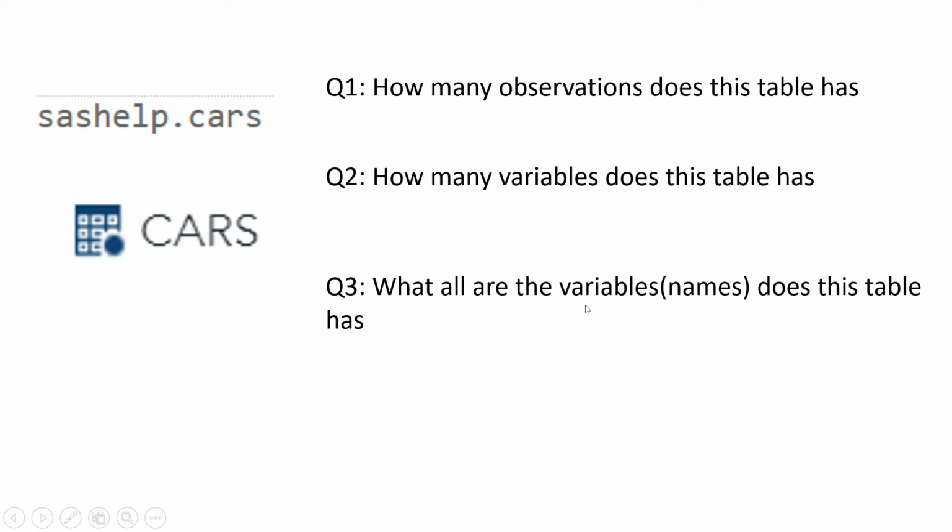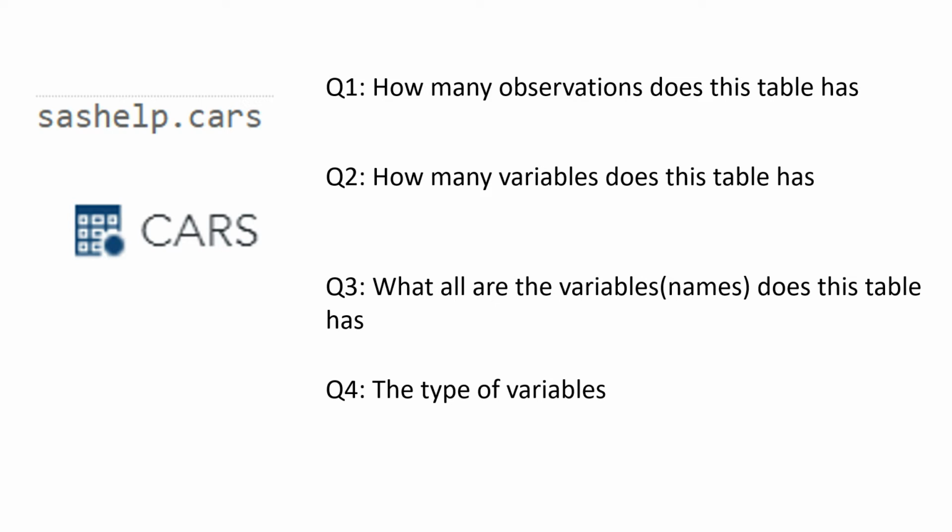If there are many variables, what are the data types of those variables, like which of them are characters and which are numerics? So all these kinds of questions come to your mind. To know that, we use PROC CONTENTS.